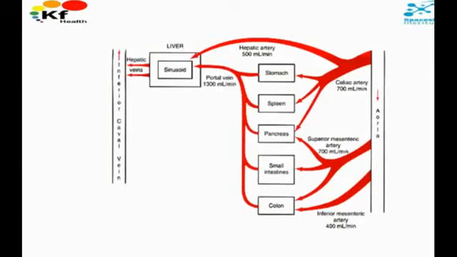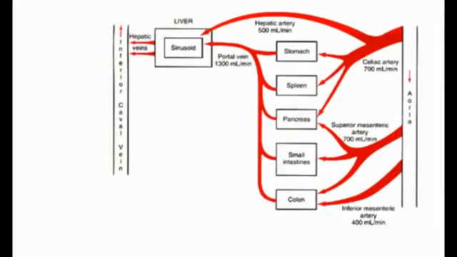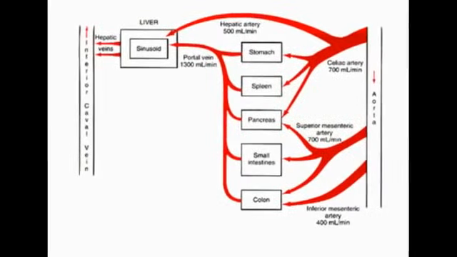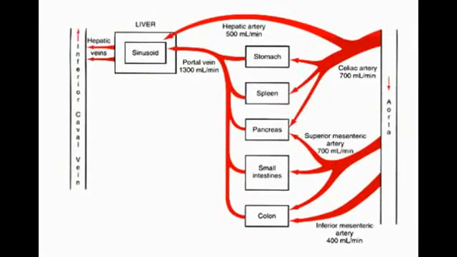All that venous blood is collected in the vena porta and goes into the liver through the hepatic portal vein. On the other hand, the liver gets blood flow from the aorta through the hepatic arteries.